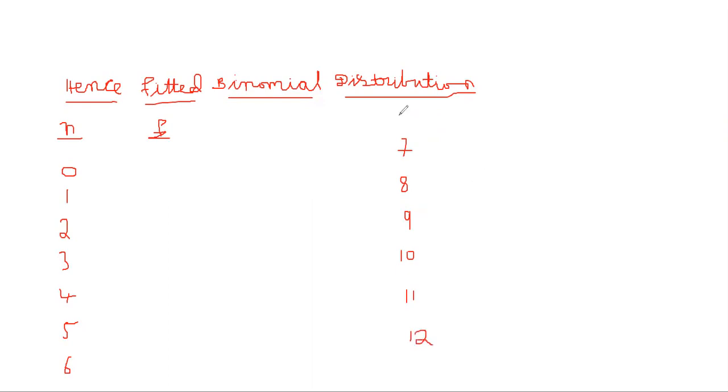Whatever answers that we got, that I'm going to write here. R is equal to 0, you got 0.9834. Next, for 1 you got 11.7965.